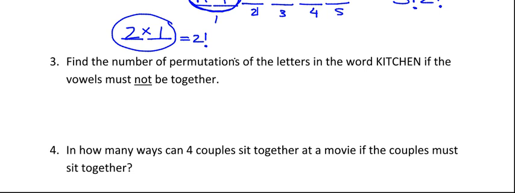Find the number of permutations or arrangements of the letters in the word kitchen if the vowels must not be together. So in this case, I want the vowels apart.